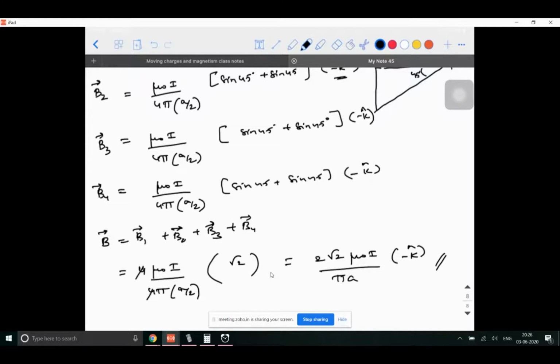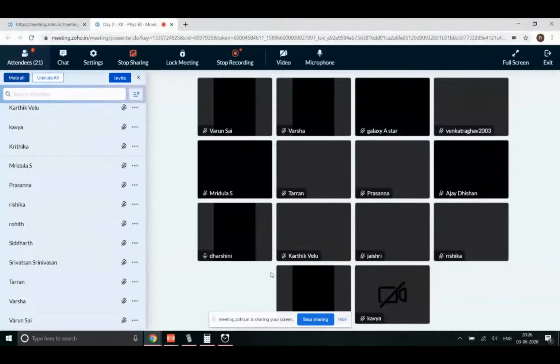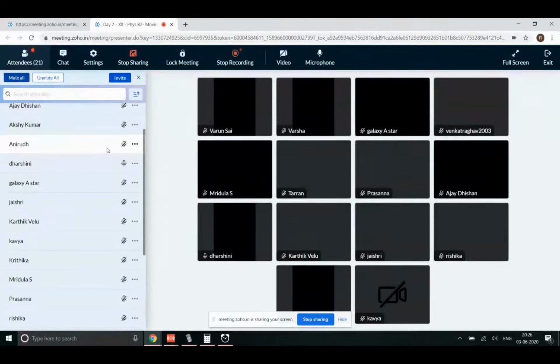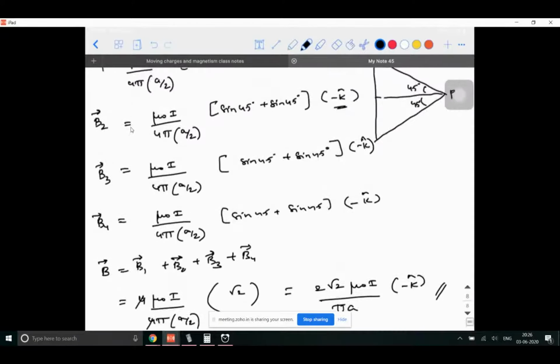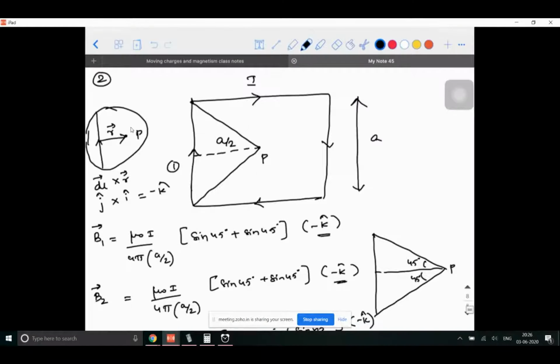Sir, can you explain why k is minus in B2? Okay, listen. For B2, when you apply the right hand thumb rule, this is the direction of current, right?